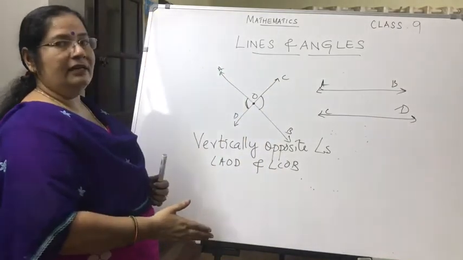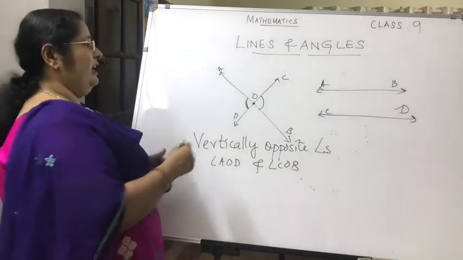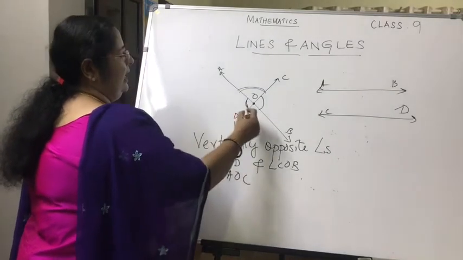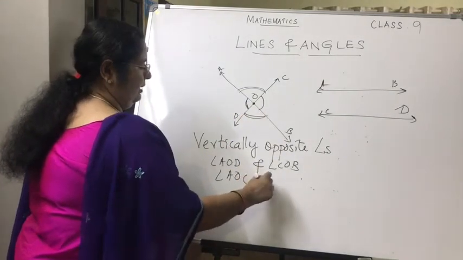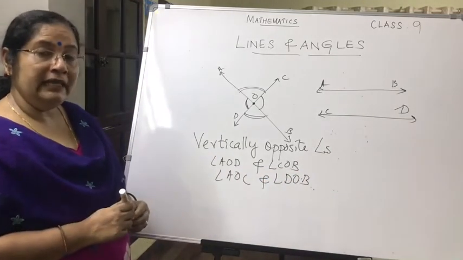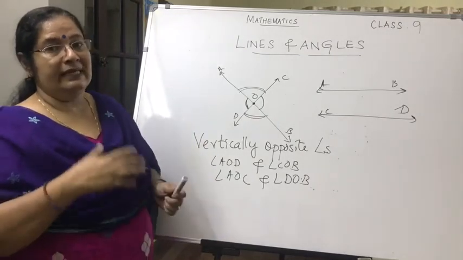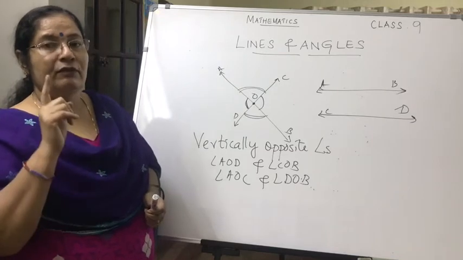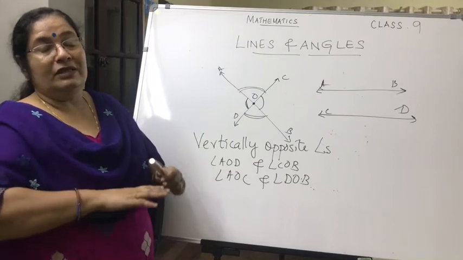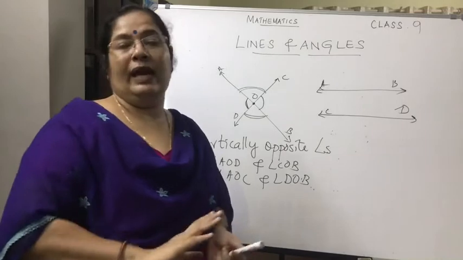Same way, angle AOC and angle DOB form another pair of vertically opposite angles. So when two lines intersect, two pairs of vertically opposite angles are formed. So these are the basic terms related to lines and angles.